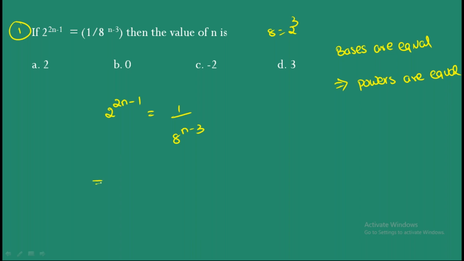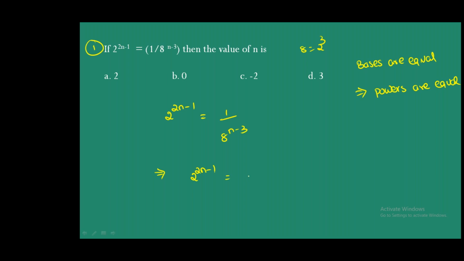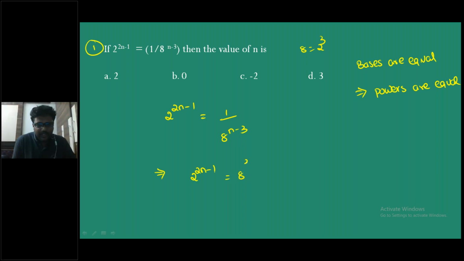So first, write 2 power 2n minus 1. It can be mentioned here as 8 power 3 minus n, because n minus 3 in the denominator goes to the power as 8 power 3 minus n. That 8 can be written as 2 cube, so (2 power 3) whole power 3 minus n.